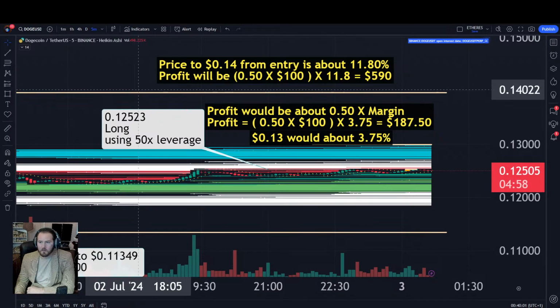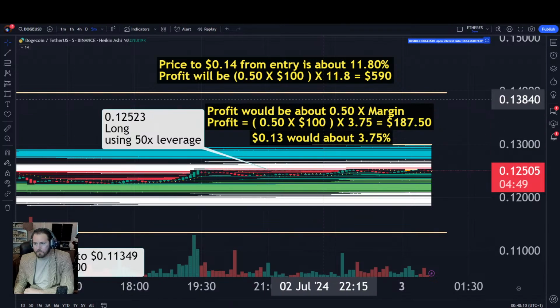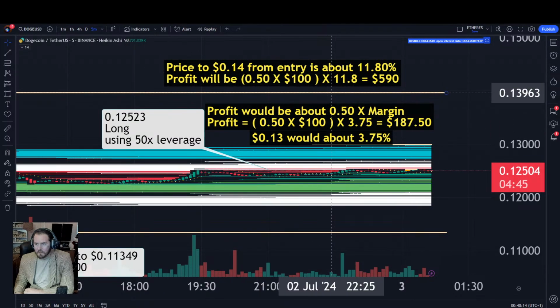So actually, where would I be able to close this trade and have a free running trade, like lower my risk? Well, if I take at least $500 profit, I could let $90 run.